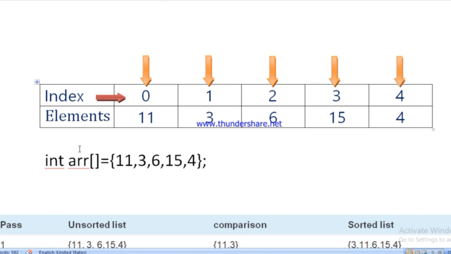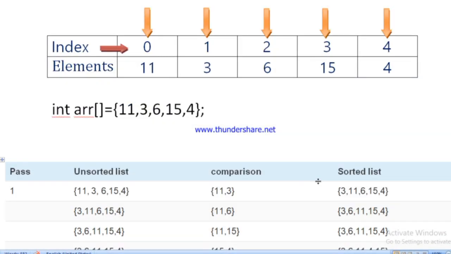So come to the next page. Look at this table, students. Here I have taken some array elements, the name of the array is int arr with square brackets. It is an example of a static array. Some values and elements I have already defined. So these are 0 1 2 3 4 and 0 1 2 3 4: the upper row is the index position and the lower row is the array elements. Students, here I have taken integer array elements in the array arr.